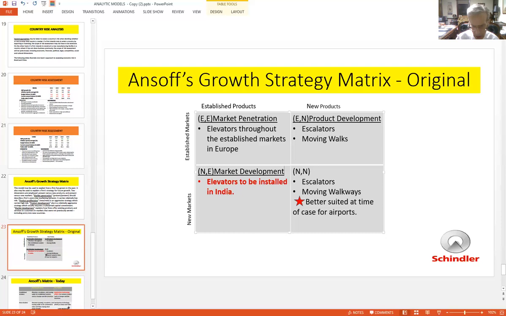In any event, Schindler decided that it wanted to open a subsidiary in India. And so the case that the team in my class studied was Schindler's expansion into India and the difficulties, which were many, that Schindler encountered.